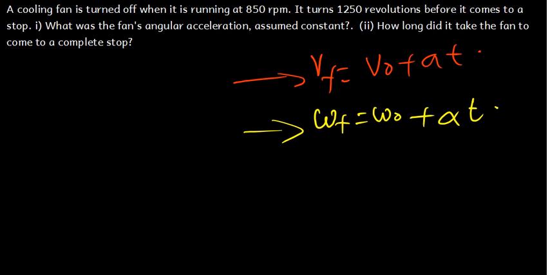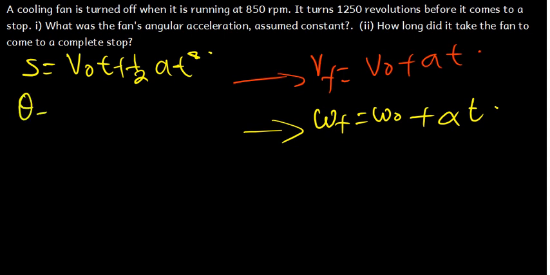Then the displacement is equal to v initial times time plus half acceleration times time squared. This is the linear displacement. For rotational motion, the angular displacement is equal to the initial angular speed times time plus half the angular acceleration times t squared.